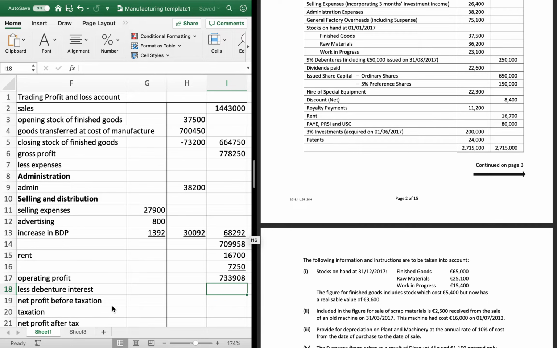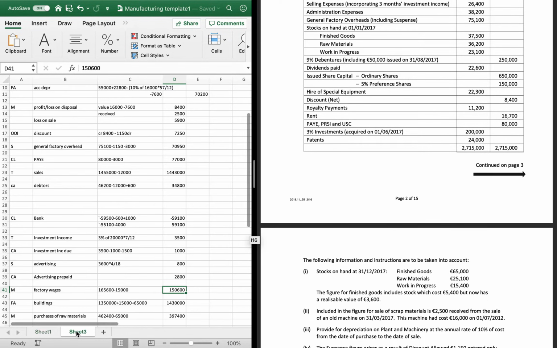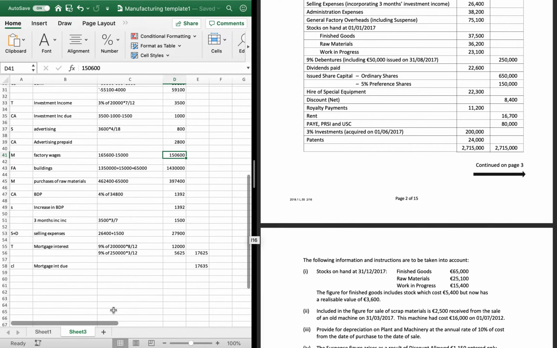Anyway, less debenture interest. So we worked that out at the end. It didn't tell us to do it. It gave us debentures, so therefore we should have debenture interest or mortgage interest in this case. So it's 17,625. Now, I can see a mistake already there. So if this is 8 and this can't be 3, that must be 4. So I'll just change that.